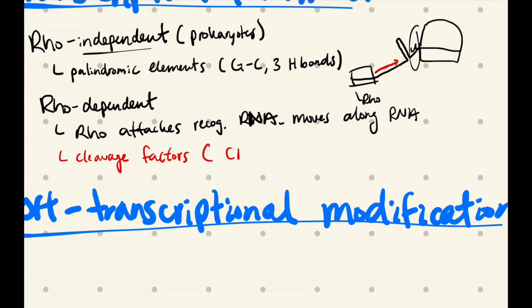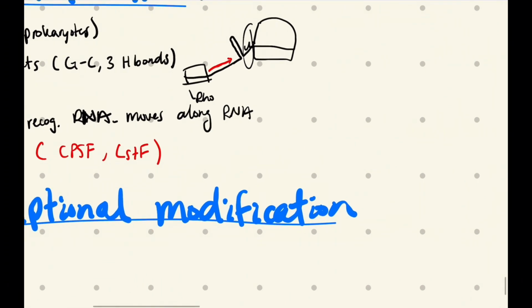It's called CPSF, and then also CSTF. And essentially, these are just going to bind to certain rich elements. So CPSF binds to an AAUAAA polyA signal, and your CSTF binds to a GU or U-rich element, and it's going to cleave.